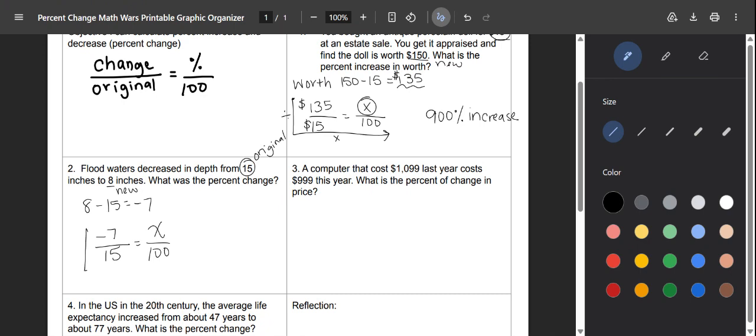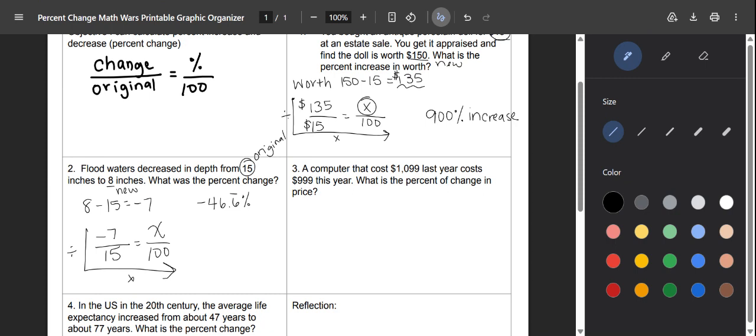And I'm going to draw my L and solve it. Do -7 divided by 15 and then multiply by 100. That's going to get me a funky repeating decimal. And that's going to get me -46.6 continuing percent. Normally it'll tell you where to round, but these directions don't, so we'll just say it's continuing.